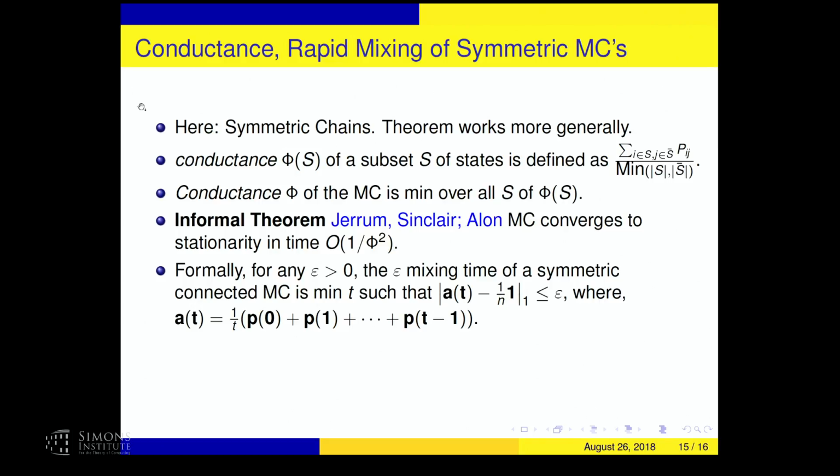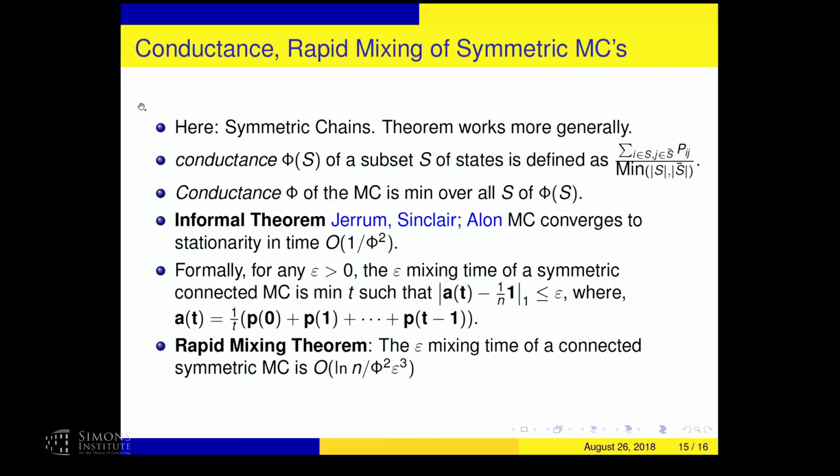And at mixing time you visited everybody equally. Everybody is 1 over n. In the limit, that's true, but you want to be close to the limit. You want all the probabilities or fraction of time spent to be within an epsilon of 1 over n, and the theorem is that, right?